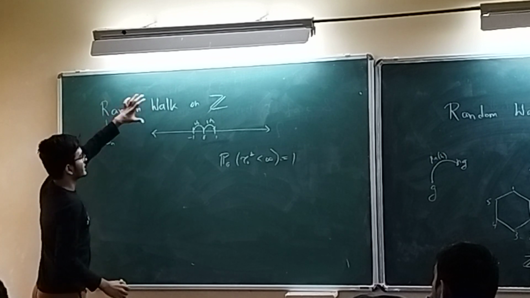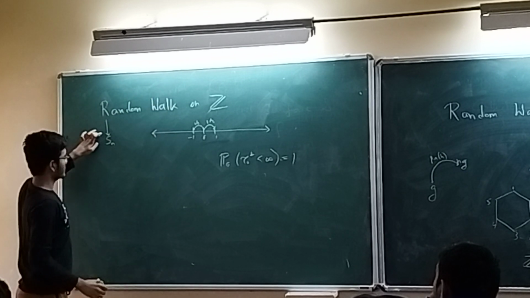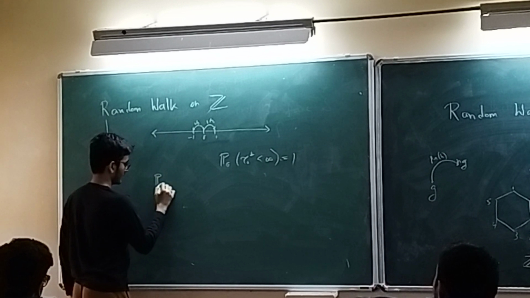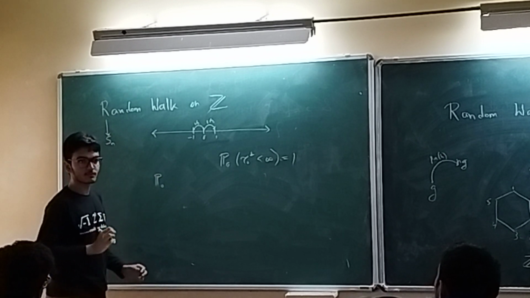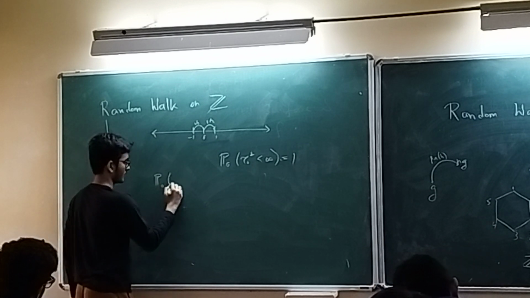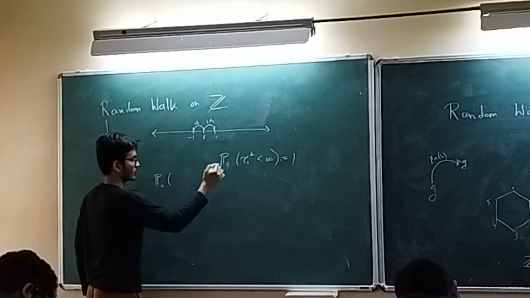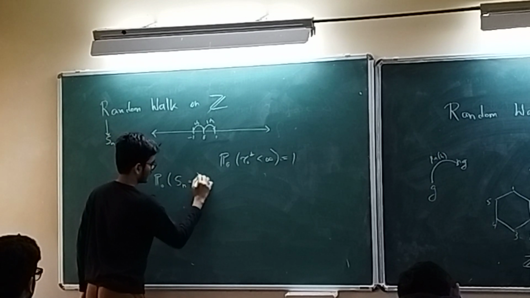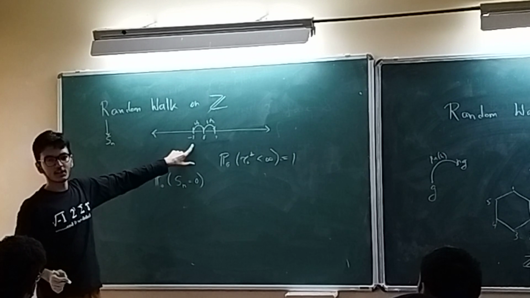So let us denote the random walk here with Sn. I will count the number of times it reaches 0. This 0 means that it starts at 0. Can it be 0 in an odd number of steps?